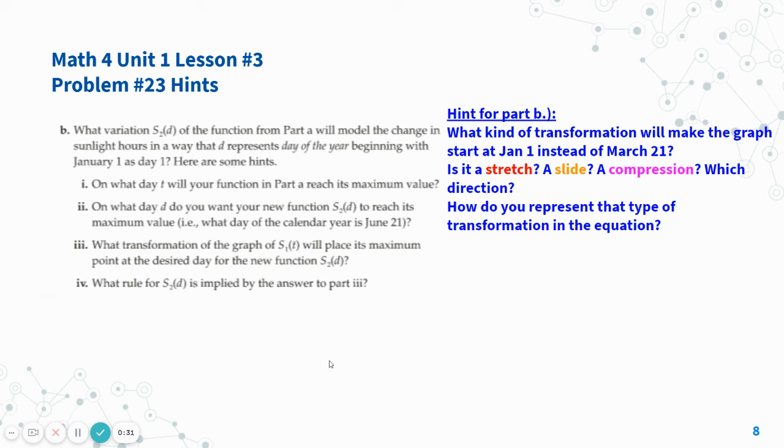What kind of transformation will make the graph start at January 1st instead of March 21st? Is it a stretch, a slide, or a compression? And which direction will it go? And how are you going to represent that transformation in your equation? So think about those things and put that into your original equation you came up with on part A.